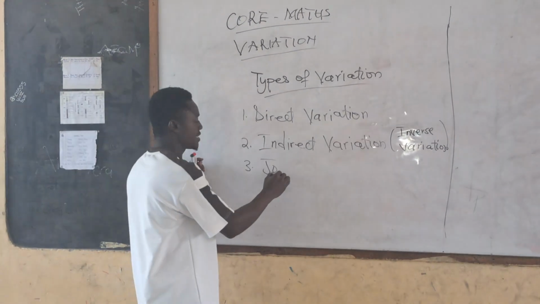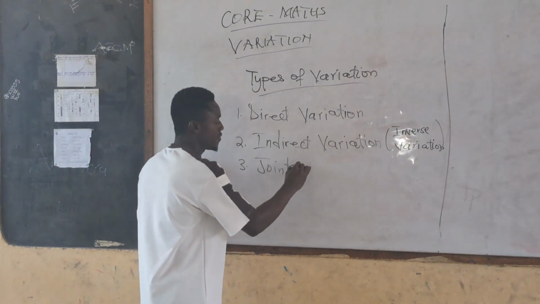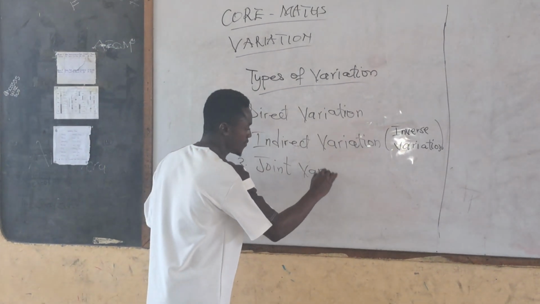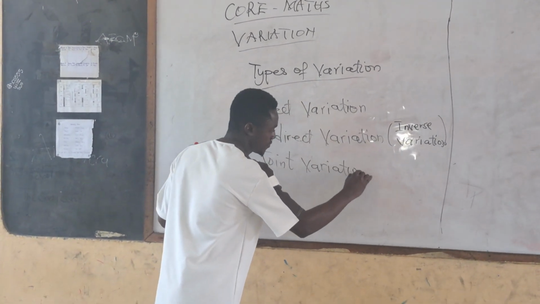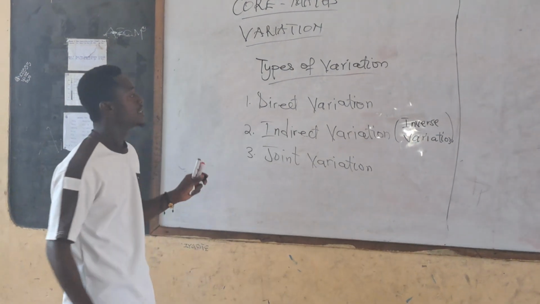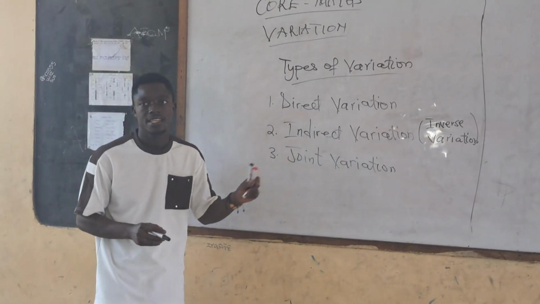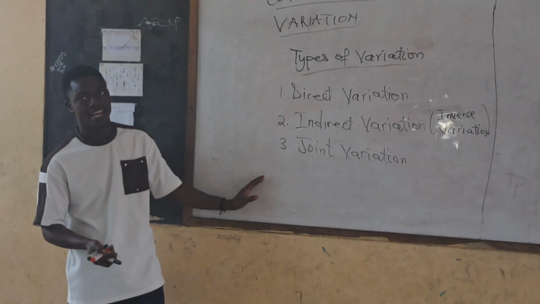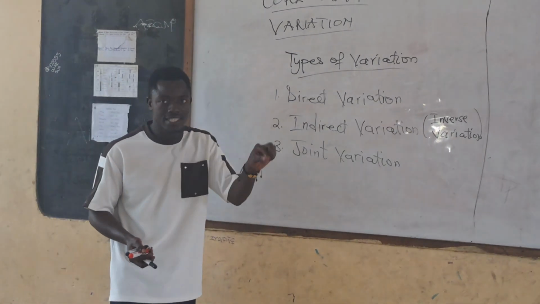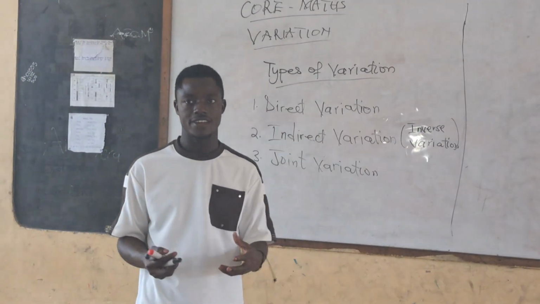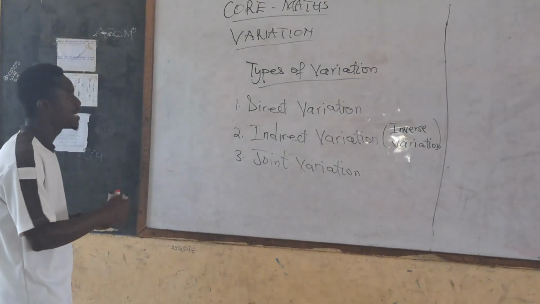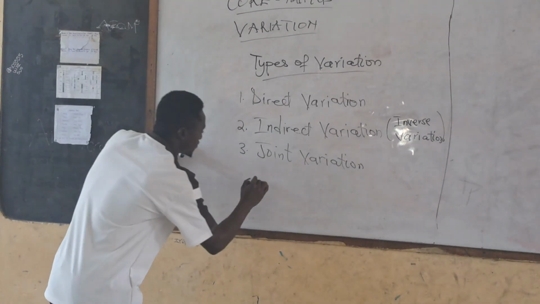Then you have the joint variation. These are the types of variation we have, and we are going to take them one after the other and treat them in detail so that you get the concept very well. So let's take the direct variation.